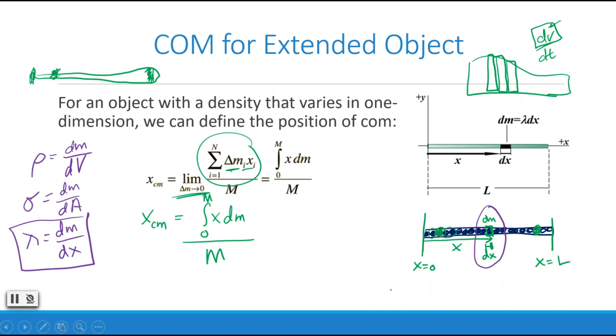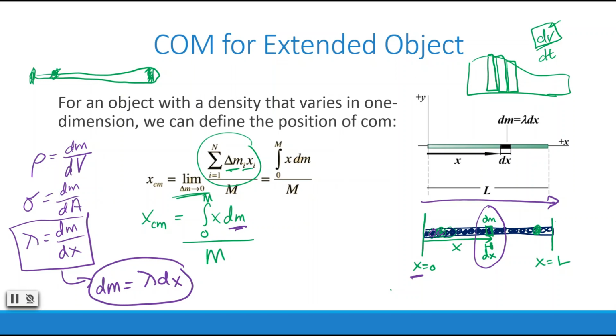Well, so that I can actually sum these up, I have to add up all of the little masses from the left end of the rod to the right end of the rod, which means I want to integrate in terms of x, not in terms of mass. So what I can do here is define dm as equaling lambda times dx. And I can create that substitution in here.